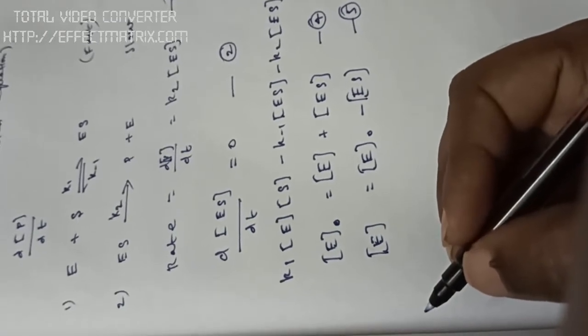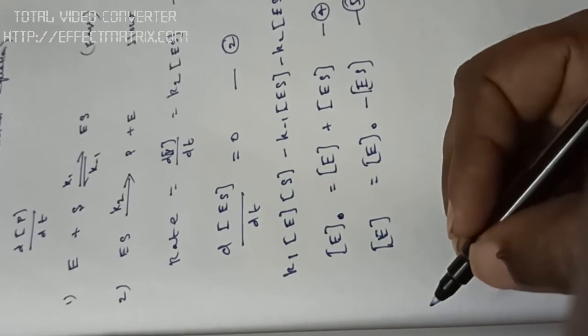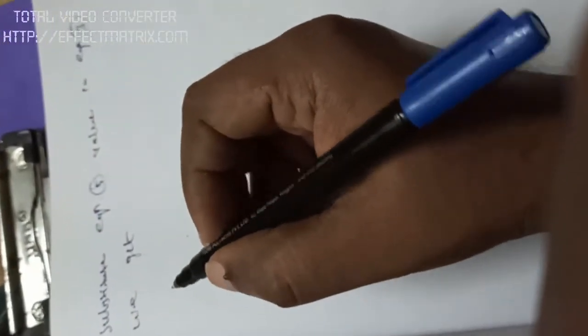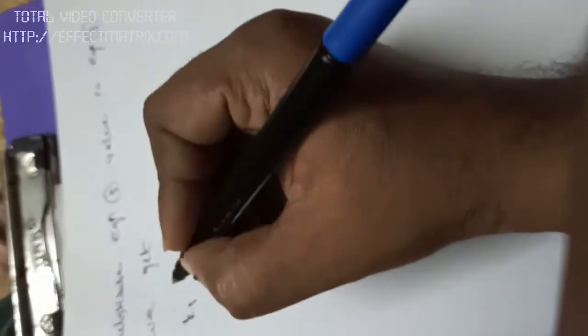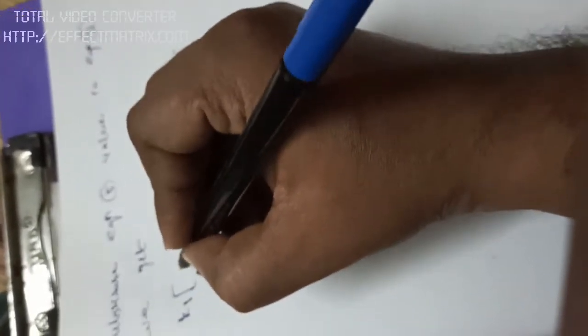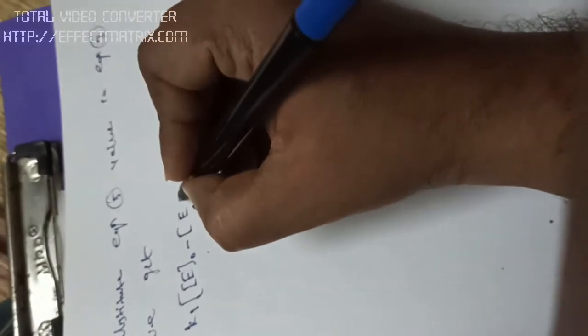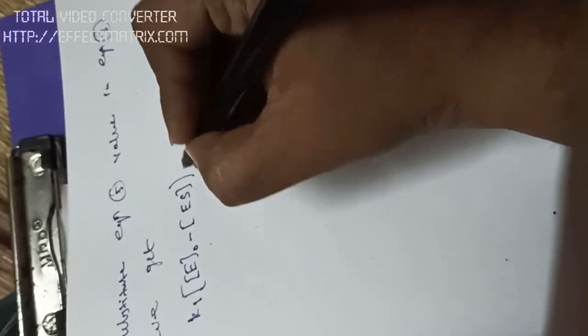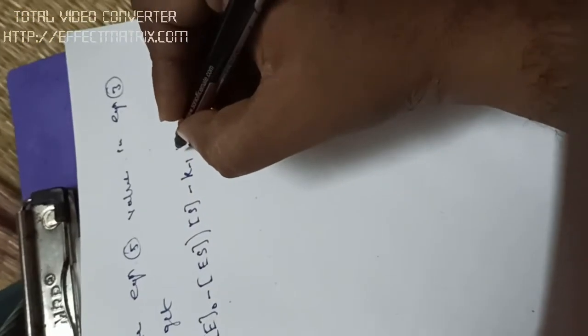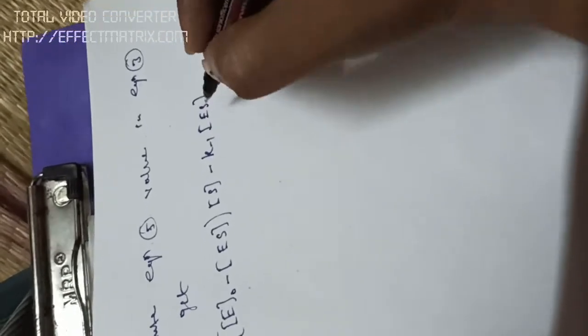Substitute the equation 5 value in equation 3, we get K1 times concentration E0 minus concentration of enzyme substrate complex, times substrate, minus K minus 1 concentration of enzyme substrate complex, minus K2 enzyme substrate complex, is equivalent to 0.